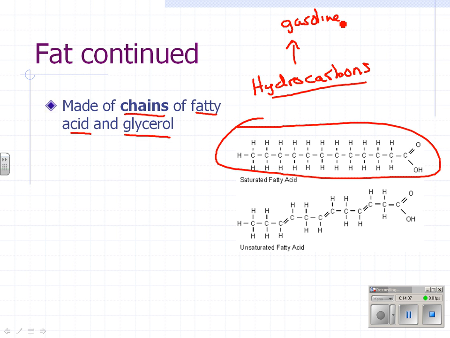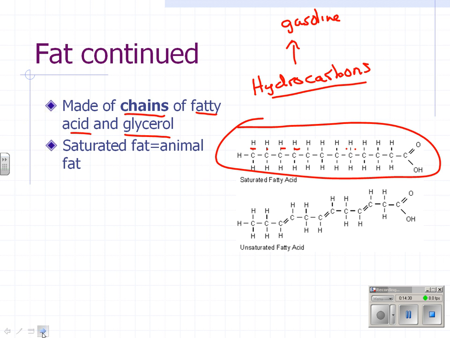Hydrocarbons can be used for fuel. They can be burnt. If you've ever made a grease fire at home, you know what this means. You've been burning fat. When I cook on the grill, sometimes the grease drips into the grill and starts burning. That's because these bonds, we're going to talk about this later when we talk about energy, are broken.